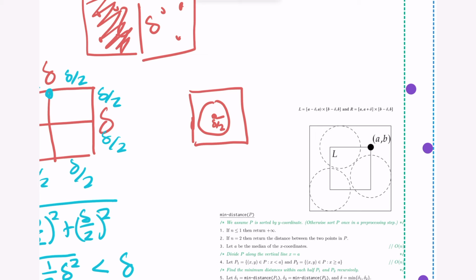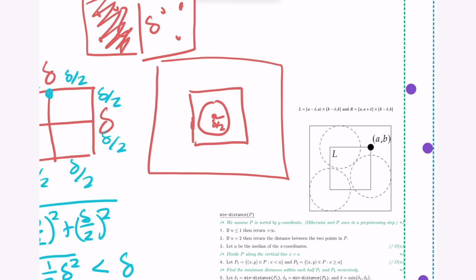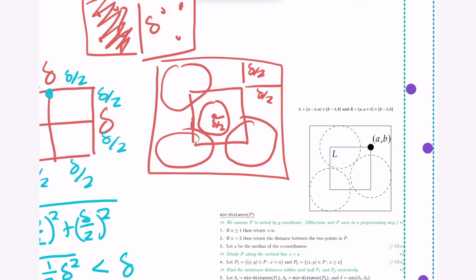So all these balls have to be disjoint, right? Radius, because they're delta apart, so they're delta over 2. And they all fit inside a slightly larger square where I add delta over 2 padding, like margins to the side, right? So you're trying to stuff these disks of radius delta over 2 inside this slightly bigger square, okay?